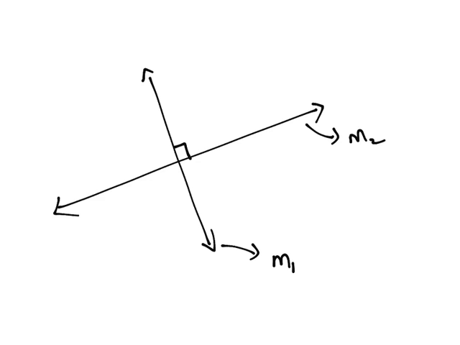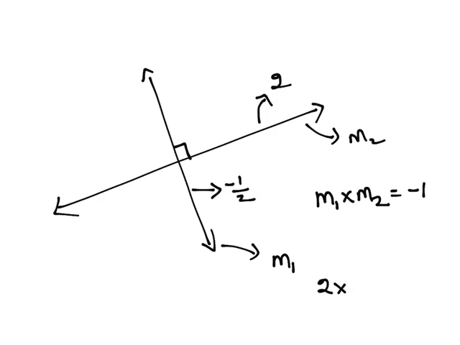Now what is the relationship between m1 and m2 here? m1 multiplied with m2 will always give -1. So if the slope of this line is 2, then definitely the slope of this line will be -1/2, so that when you multiply the slopes 2 and -1/2, you will get -1.